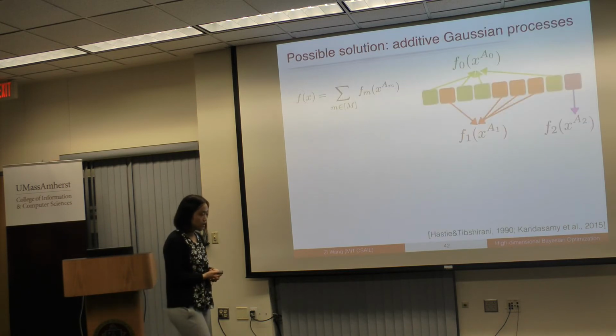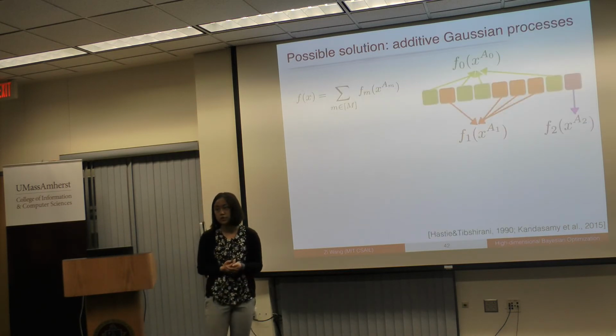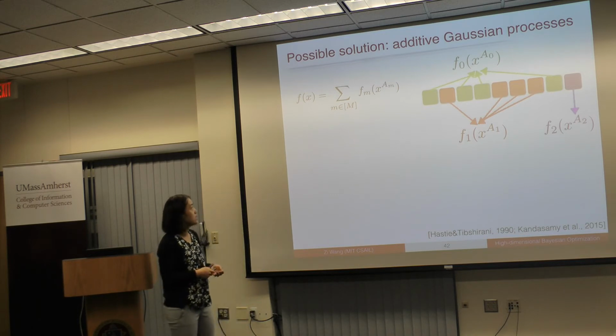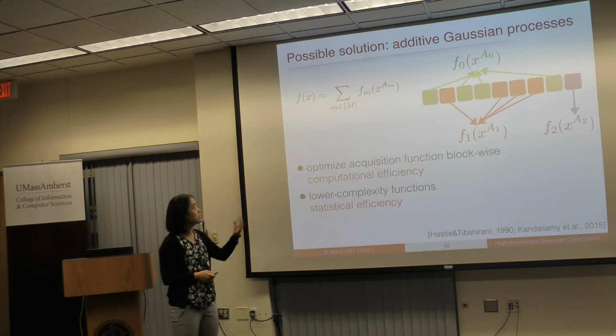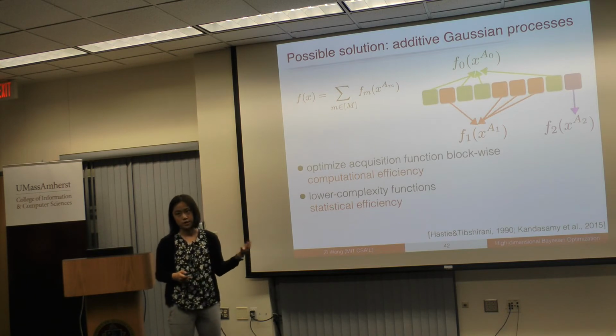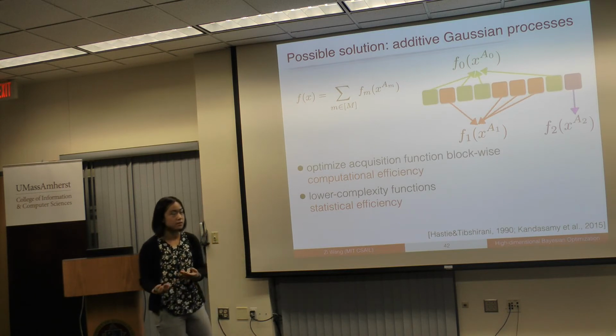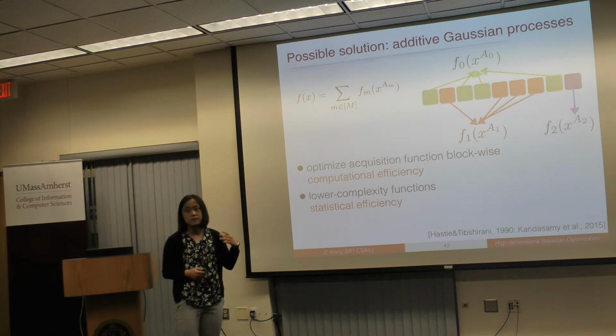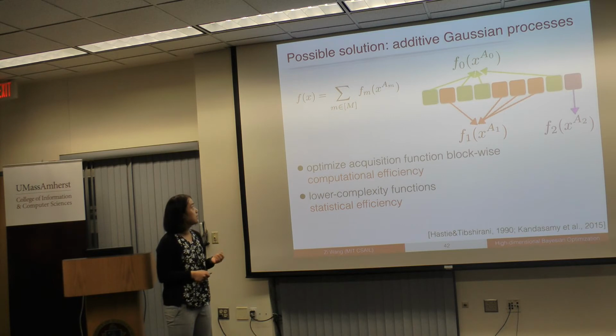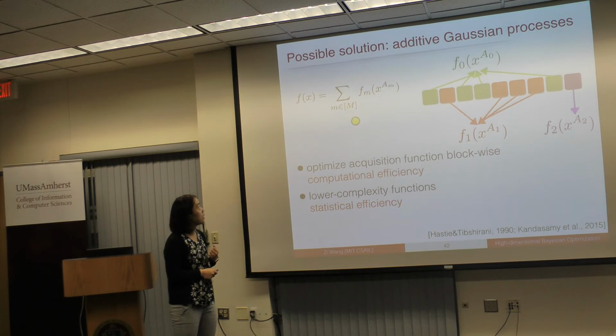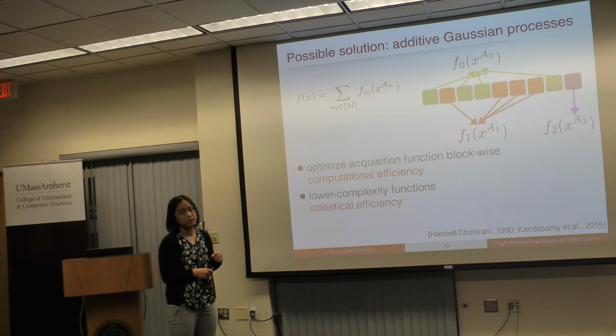To overcome these two challenges, one approach that people use is an additive Gaussian process to model our function instead of a plain Gaussian process. By additive Gaussian processes, I mean that we view our function as a sum of function components. We assume each function component is only active on a subset of the input dimensions, and these subsets don't overlap.